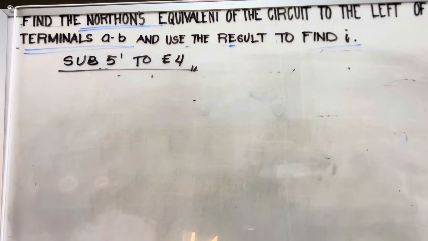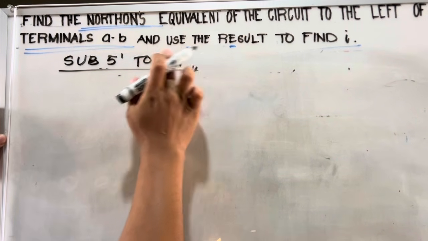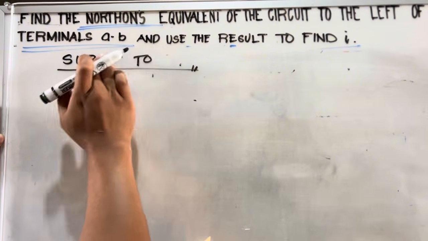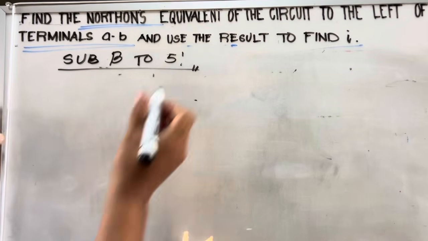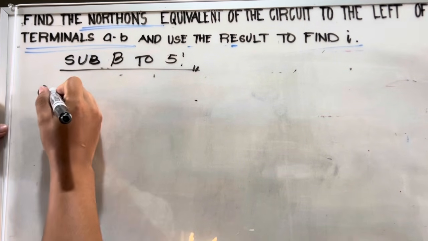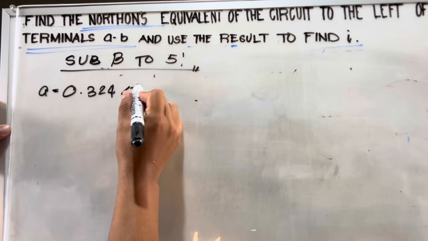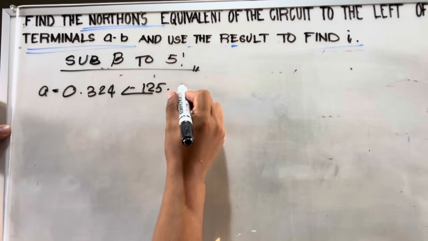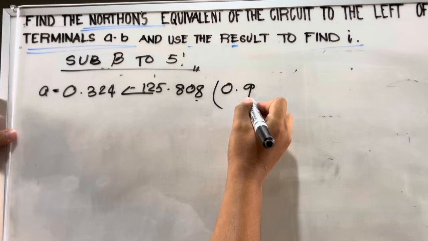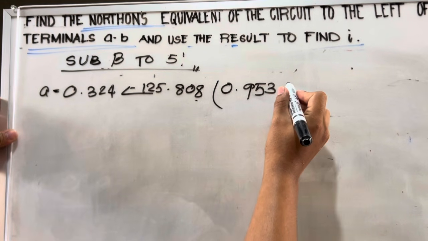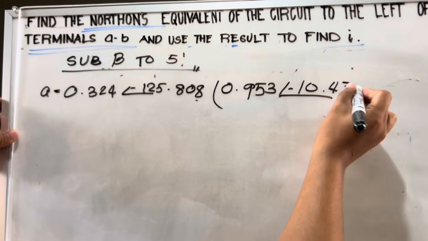We are now ready to substitute B to 5 prime. So we will substitute B to 5 prime, okay? Therefore, A is equal to 0.324 angle of negative 125.808 times 0.953 angle of negative 10.478.